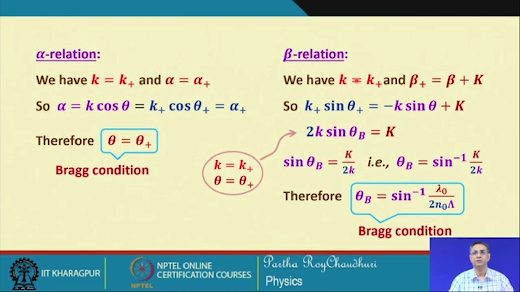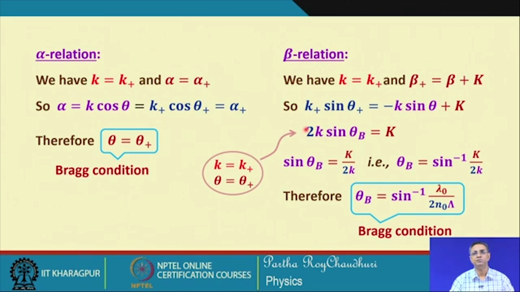For the beta relation, we have k equal to k plus, and beta plus is equal to this, as we have just seen, because the z component of the propagation vector of the diffracted wave will be modified by the propagation vector of the acoustic wave. So beta plus is equal to beta, which was minus k sin theta, plus capital K. Because k plus is equal to k and theta plus is equal to theta, it becomes just k sin theta, and you have one more k sin theta here.